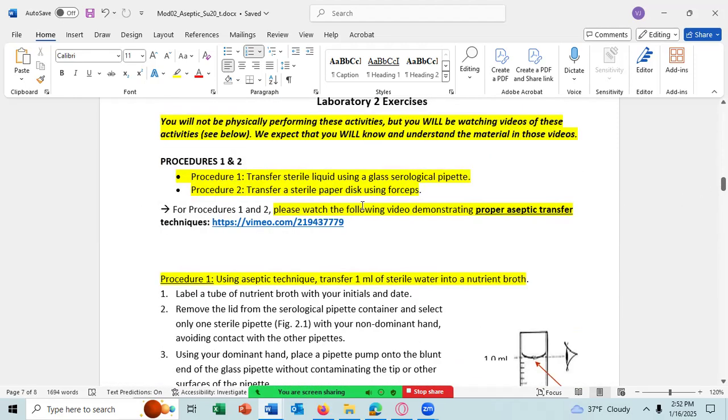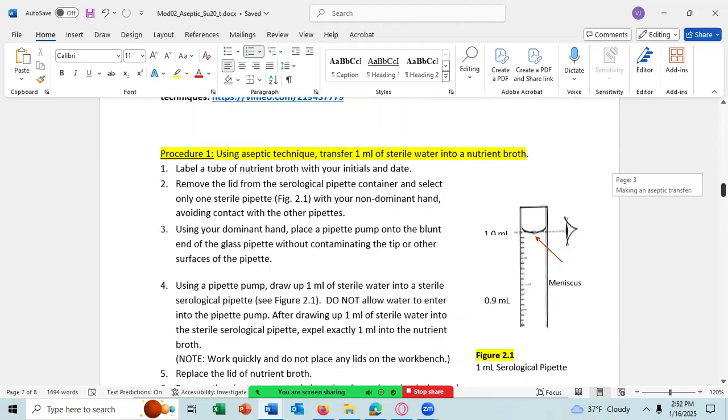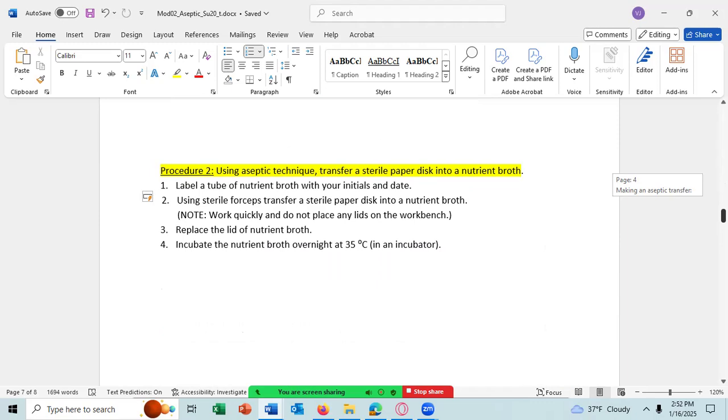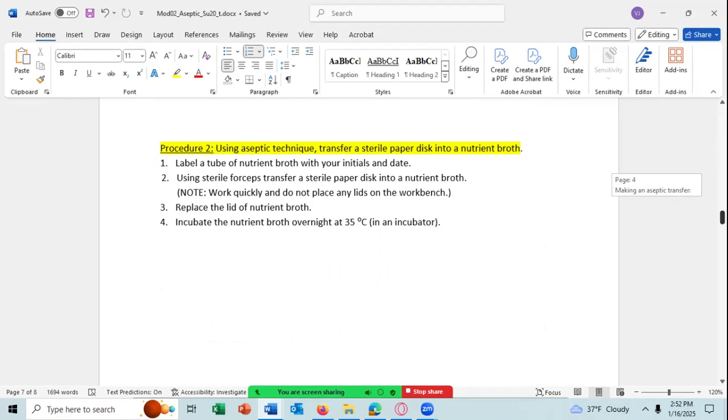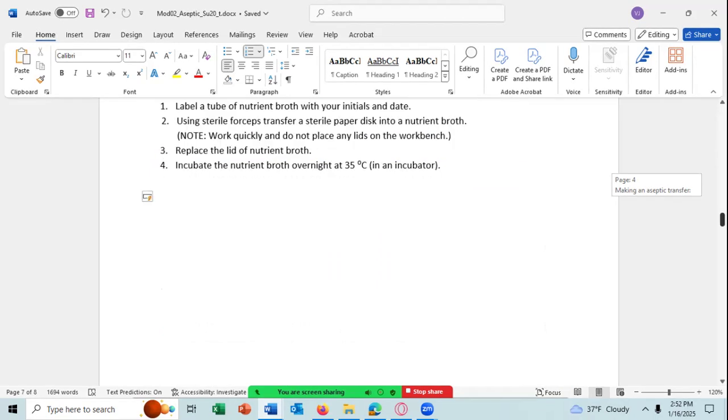In procedure 2, you're going to transfer a sterile paper disc into nutrient broth using not sterile forceps, but clean forceps. It's close to sterile.